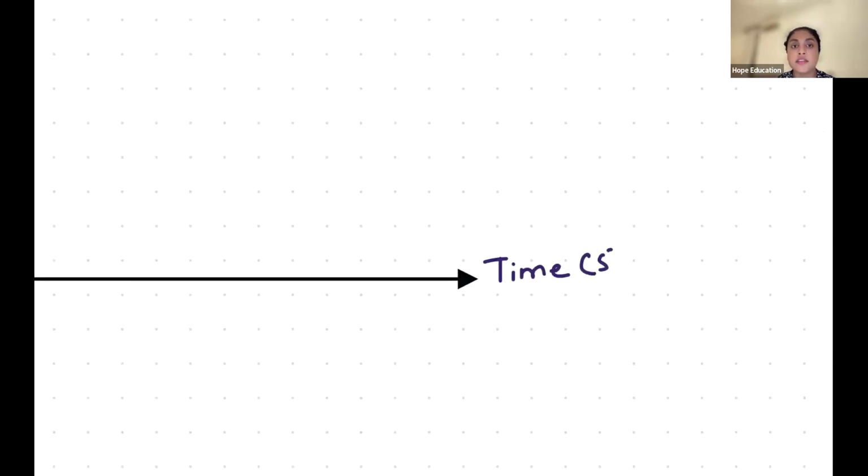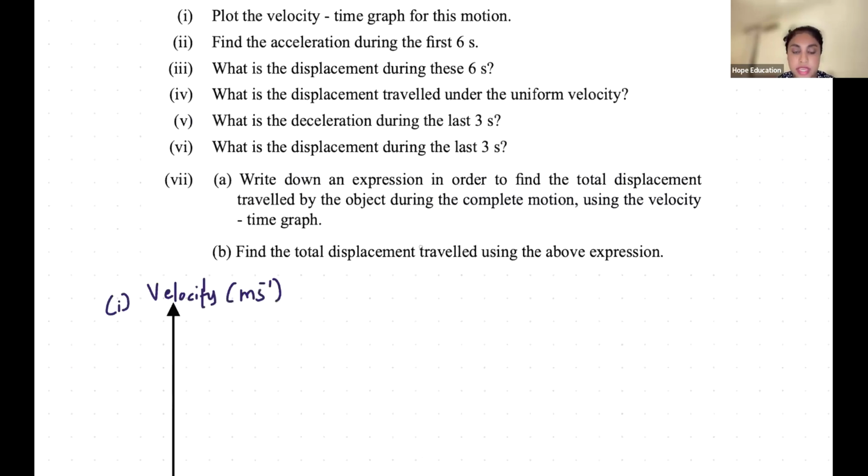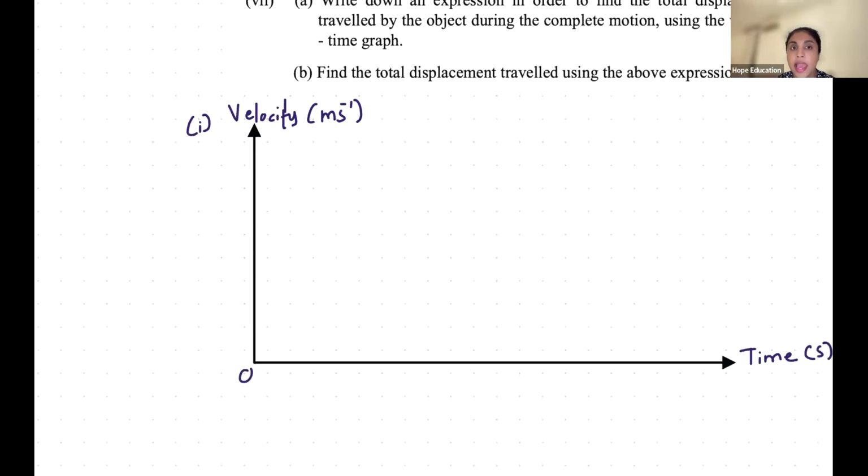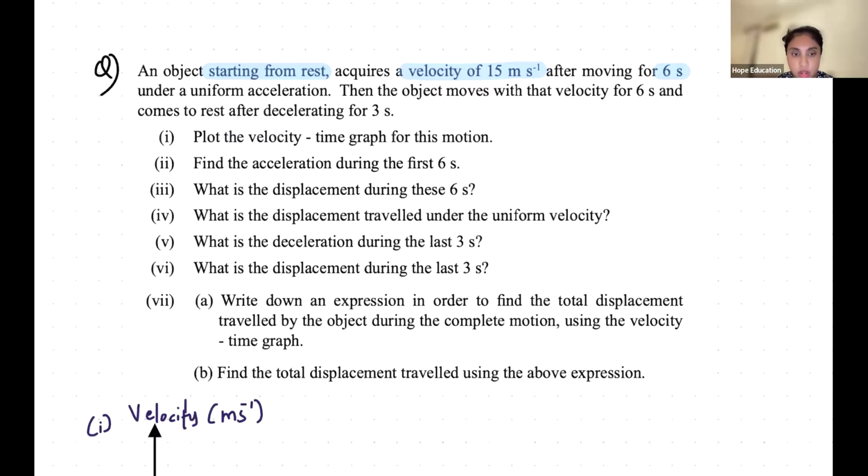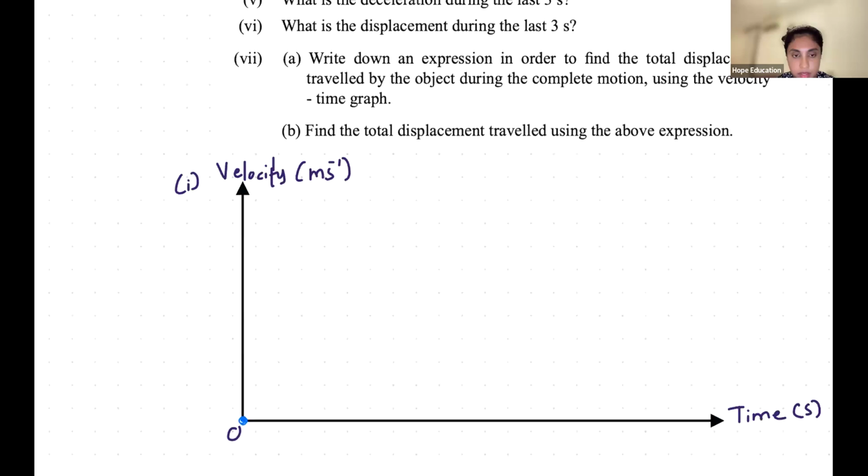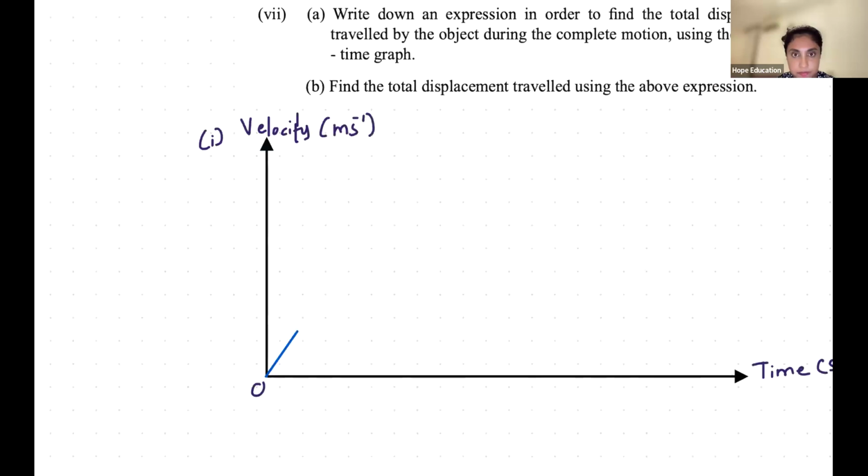This object is starting from rest, so it starts from 0 and acquires a velocity of 15 m s^-1 within 6 seconds. Draw something like this. Here the velocity is 15 m s^-1 and the time is 6 seconds.